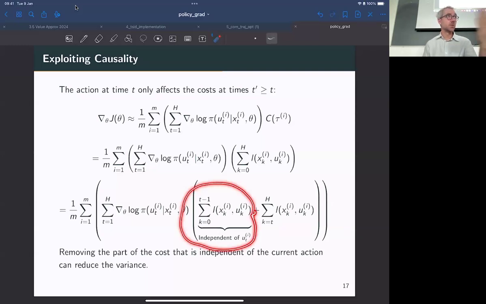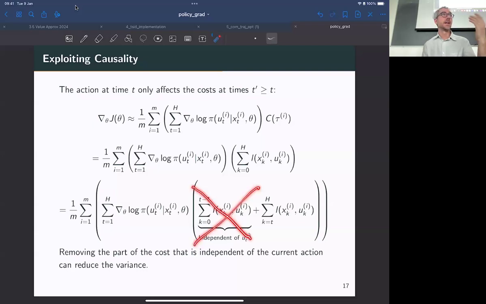It's unbiased because on average it's not going to affect my probability for that action at that time, but it's just making my gradient estimate more noisy. And so I can actually remove this part and I still get an unbiased estimate, but with a smaller variance, just by exploiting causality.